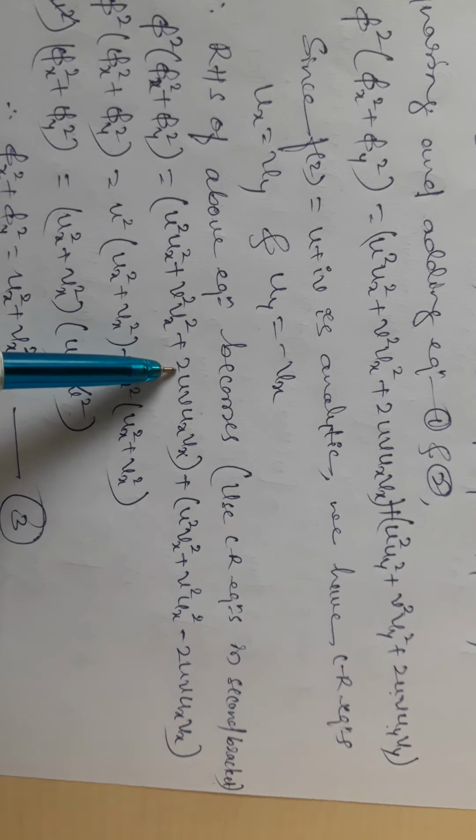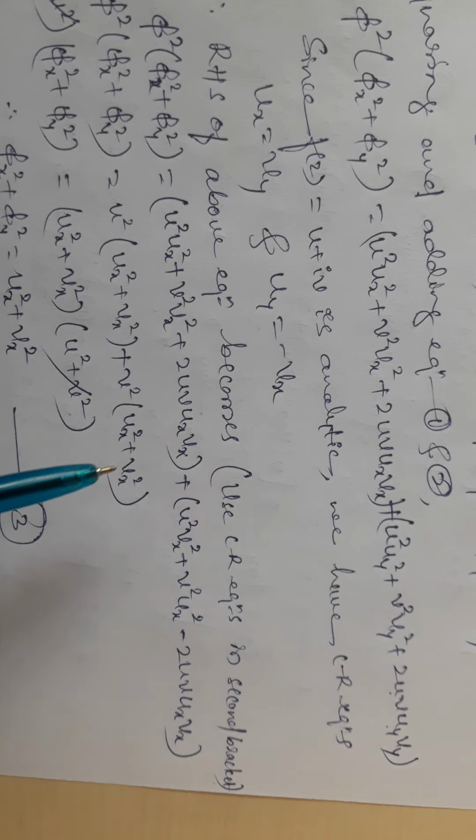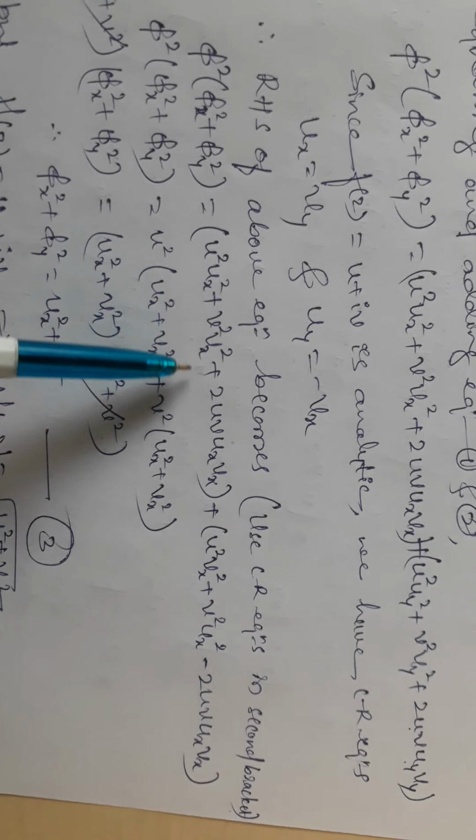Here plus 2 uv ux vx minus 2 uv ux vx get cancelled, then simplify.